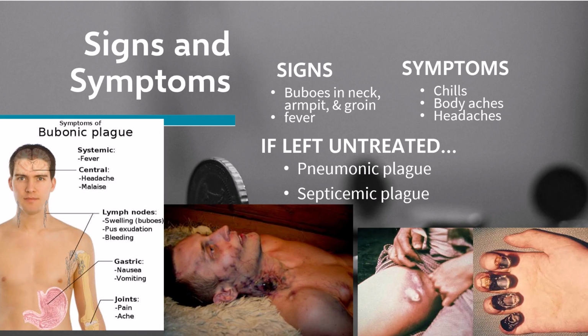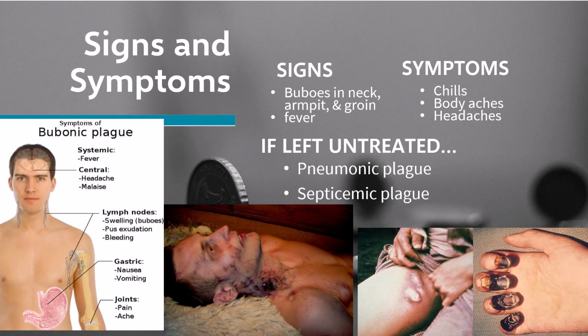The signs and symptoms of the bubonic plague, the most well known one is the buboes that come usually in the neck, armpit, and groin area. That is when the bacteria gather in these areas in the lymph nodes, so your lymph nodes become swollen.